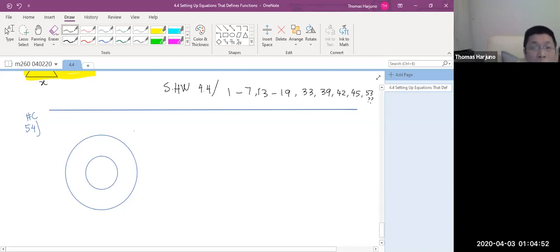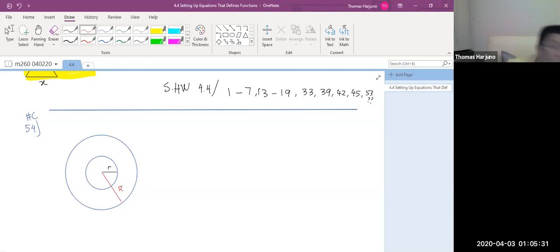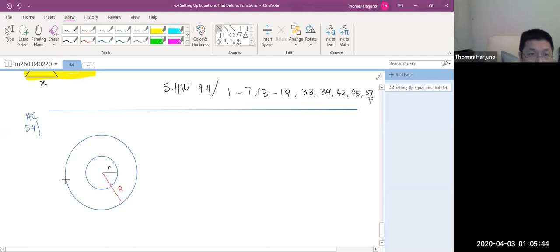The radius for the small circle is lowercase r, and the radius for the larger circle is capital R. Now, they have a chord, let me use this color, from one point on the larger circle to another point on the larger circle, but tangent to the small circle.